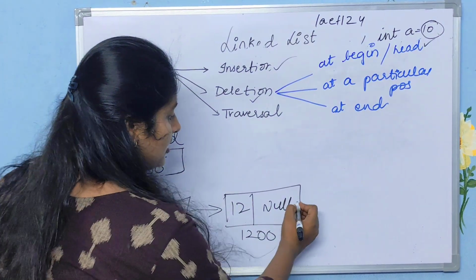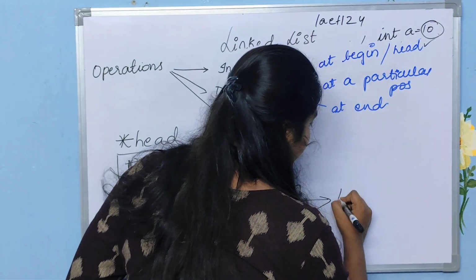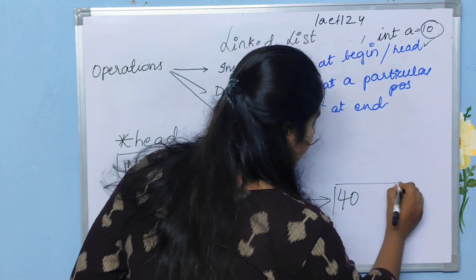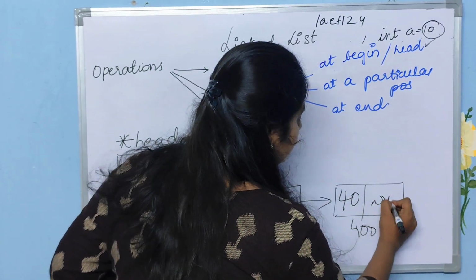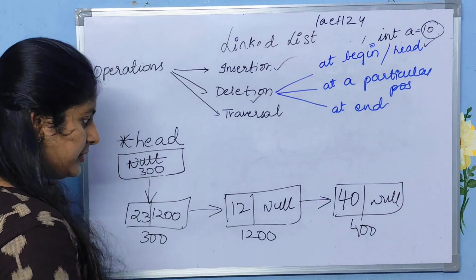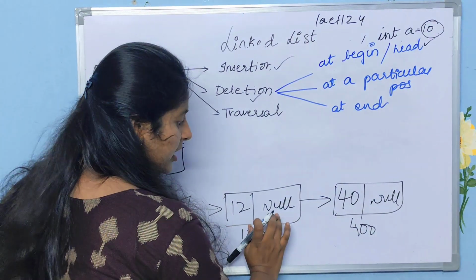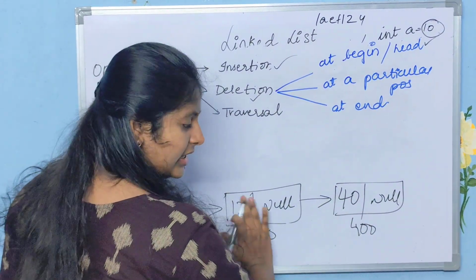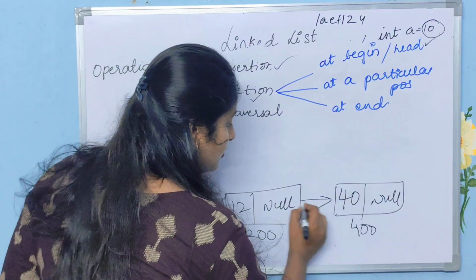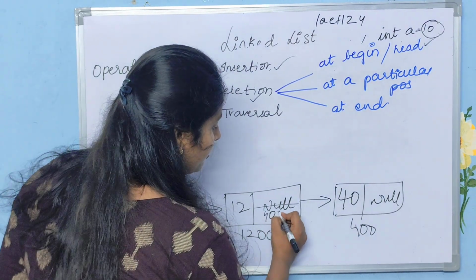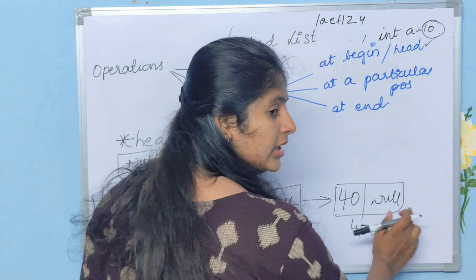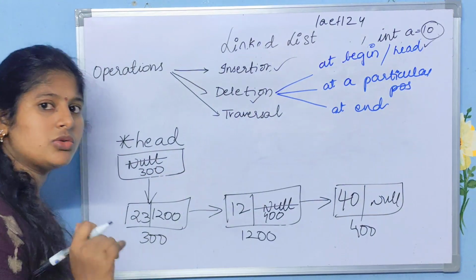After this, I took an element 40. Its address is somewhere around 400. Next part is null. So after 12, the next part should contain the address of 40. Initially it was null, now it is 400. After 40, are there any other elements? No. It remains null only.